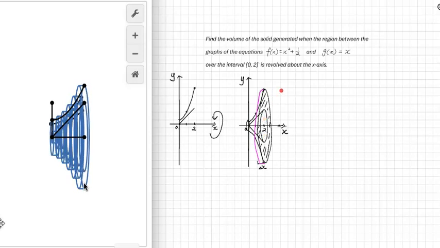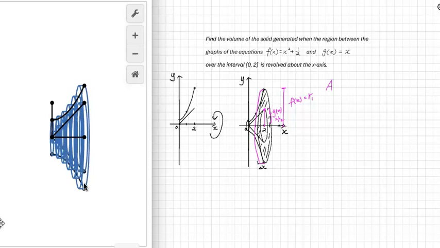Firstly, from the top curve all the way to the x-axis, this vertical line represented by f of x is the outer circle radius. And from this edge all the way straight down to the x-axis is our inner circle radius.